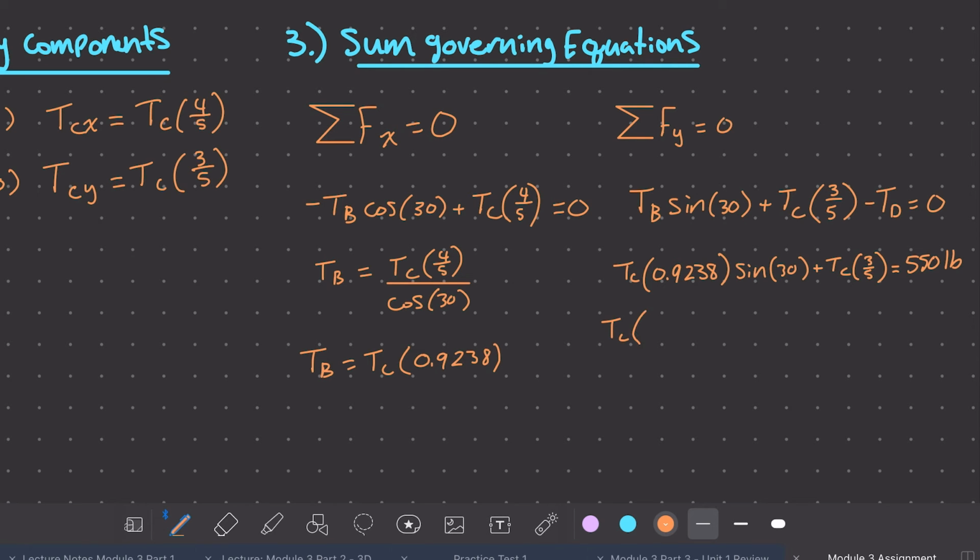And then if we factor out the TC, you get TC times 0.9238 multiplied by the sine of 30 plus 3/5 equals 550 pounds.